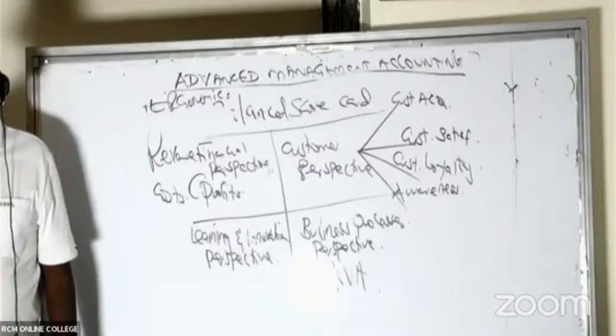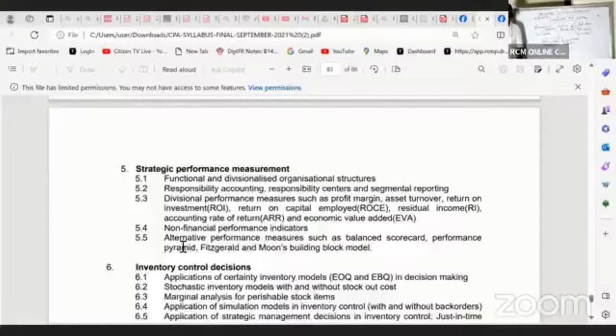From your course outline, this is what I'm doing. I don't teach things that are outside the course outline. That is the CPA syllabus. So now I've been able to teach you what we call the balanced scorecard. Now I would want to go to this quite easy Fitzgerald and Moon building block model, and then I'll be able to finish with the performance pyramid.